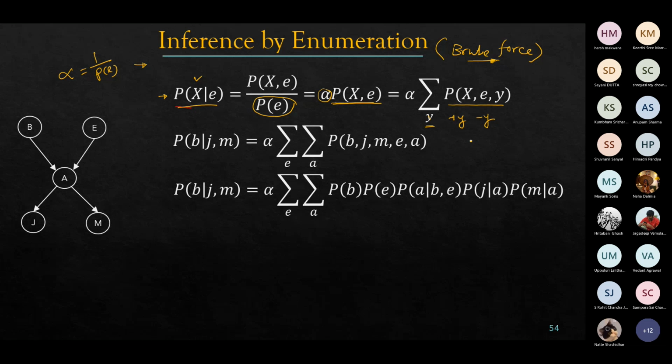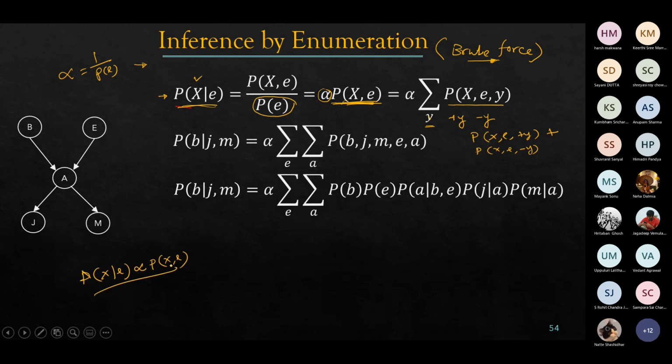So you compute probability X, E, plus y once and probability X, E, minus y once, and sum them up to get this value. So this probability X given E is proportional to the joint distribution, right? This is the formulation that we are starting with, right?